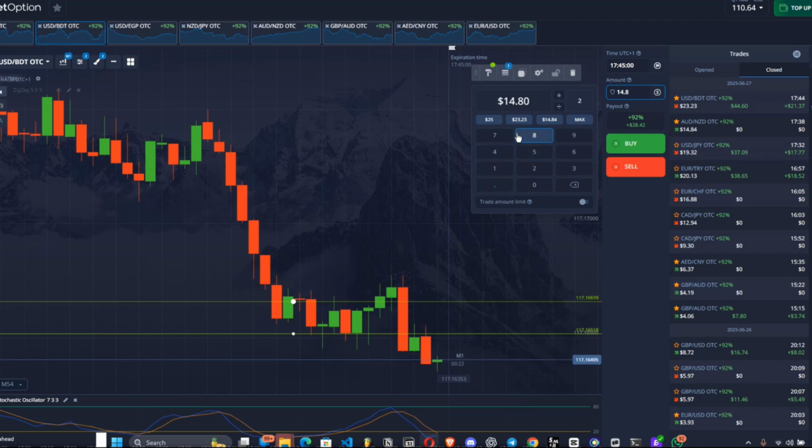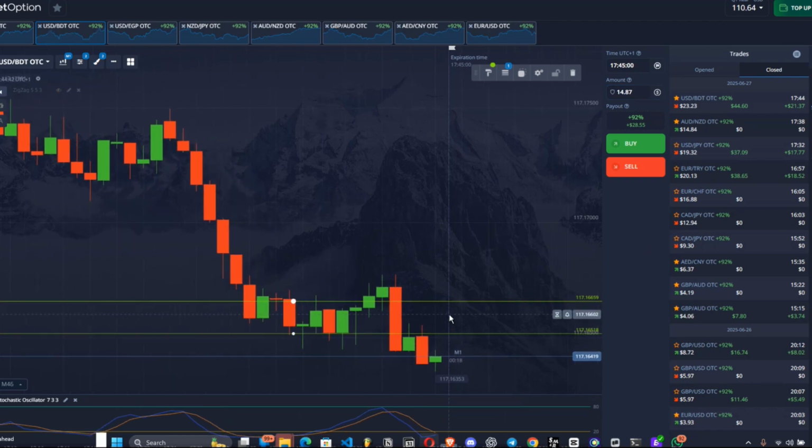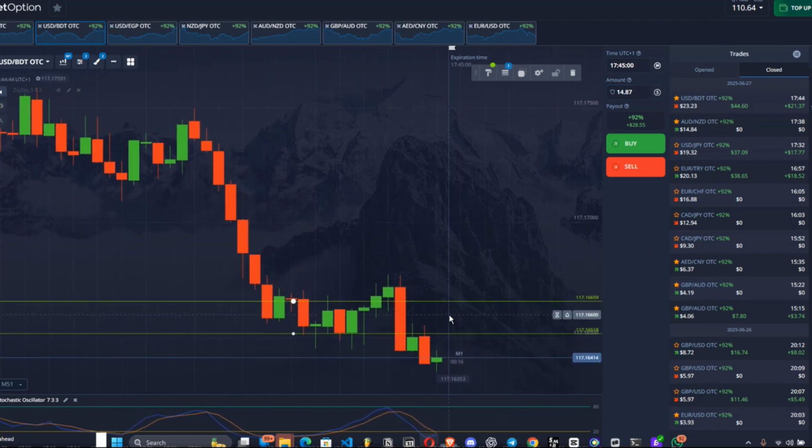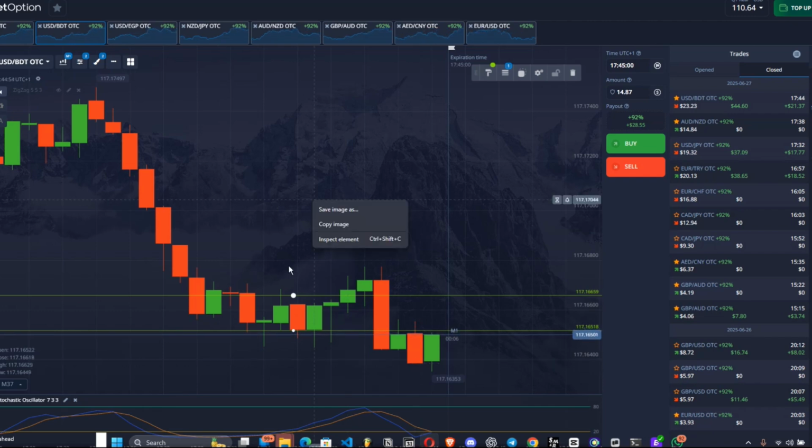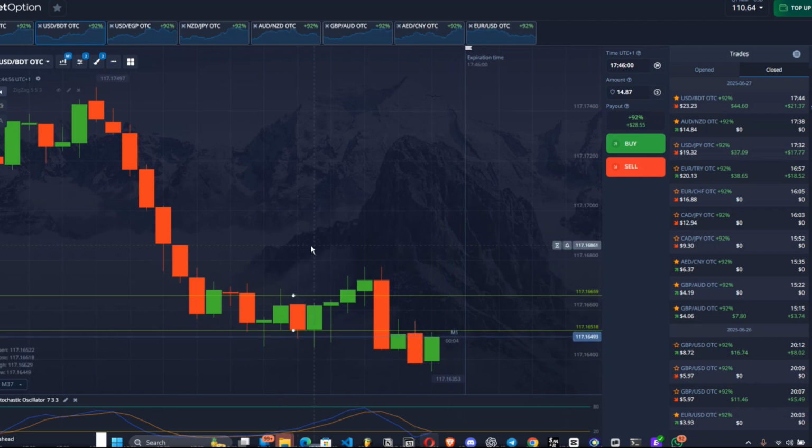Okay, I've not been explaining, but you must have noticed the pattern of the trades I've been taking: a failed retest and take a reversal continuation trade. So that's the thing I've been using.